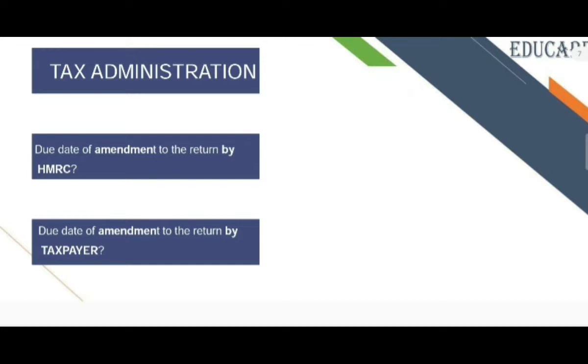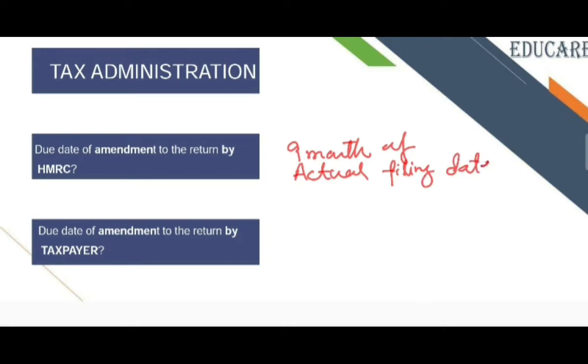The due date for amendment of a return by HMRC is 9 months of the actual filing date. So the definitions of filing date and actual filing date are important because the due date of amendment to the return is based on these dates.